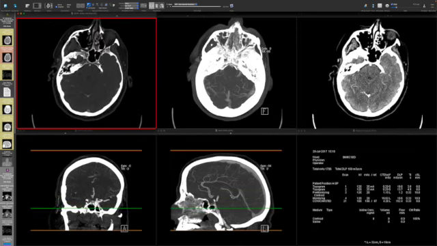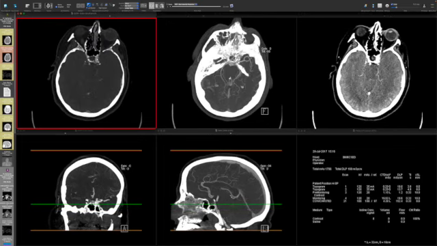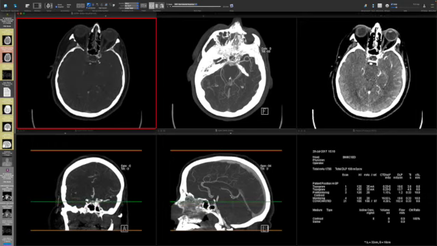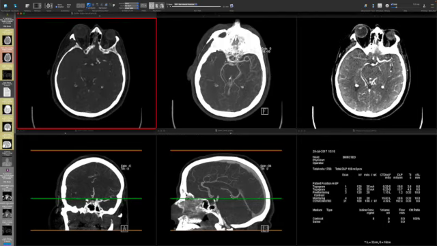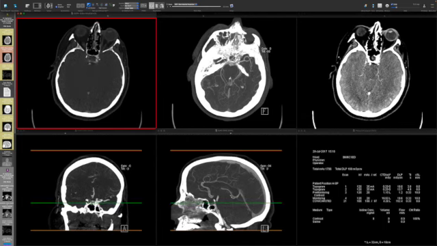And you can see that there's a little bit of atherosclerotic calcification along this distal left internal carotid artery. And there isn't really any evidence of a significant focal stenosis that goes along with this.